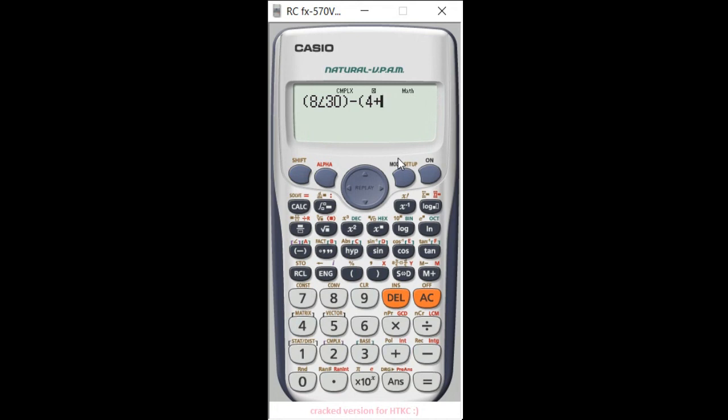Make sure you have brackets around the number, 1, I, and then equal. Then you should get that. And if you want to convert this into polar form again, shift 2, 3, 2. You should get the answer there.